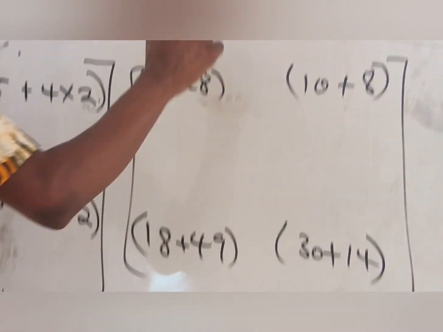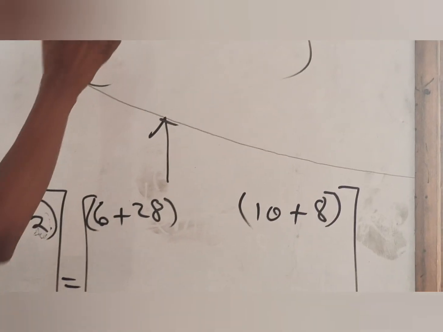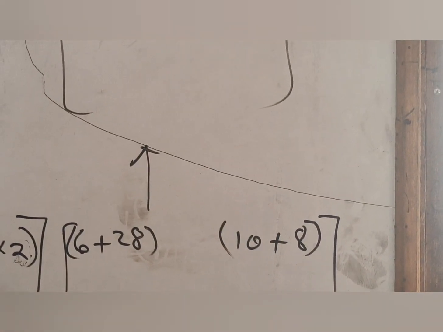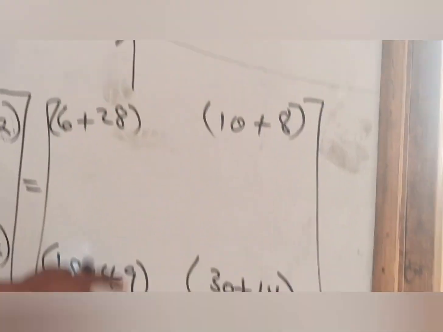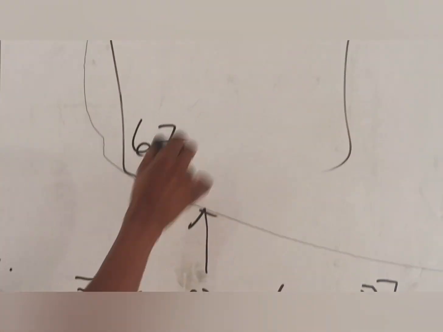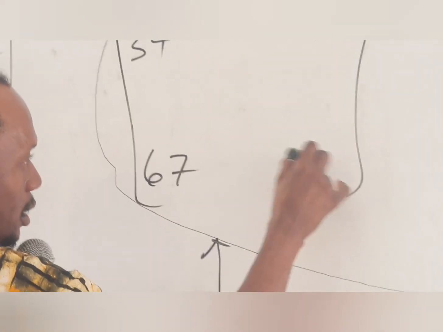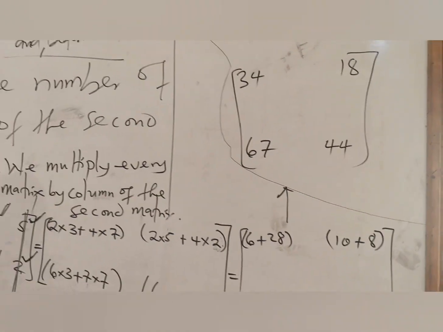Then we add: 10 plus 8, 18 plus 49, 67. 30 plus 14, 44. Any questions on multiplication?